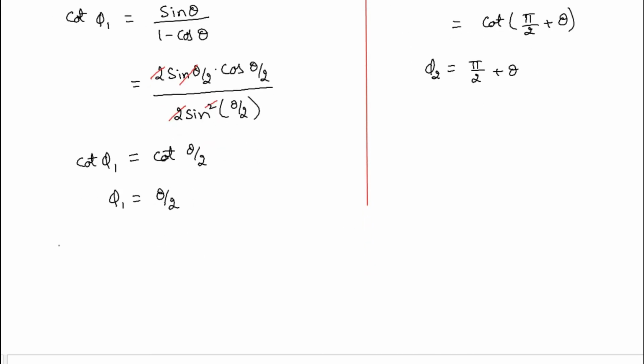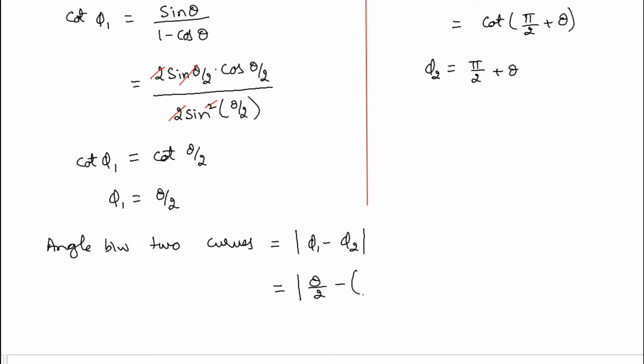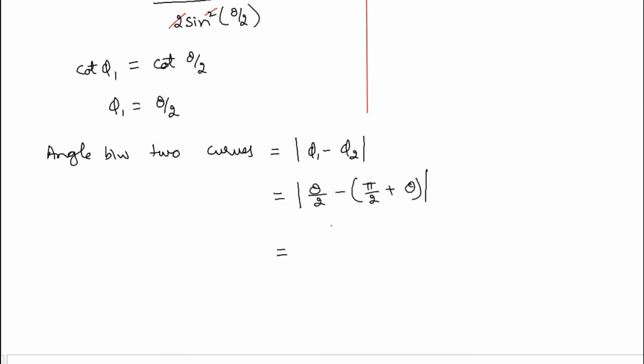So let us write down the angle between the two curves. The angle between two curves is equal to the modulus of phi 1 minus phi 2. That will be equal to the modulus of phi 1 value, which is theta by 2, minus phi 2 value, which is pi by 2 plus theta. Now this can be further written as the modulus of theta by 2, and if I take the negative sign inside, it is minus pi by 2, minus theta.